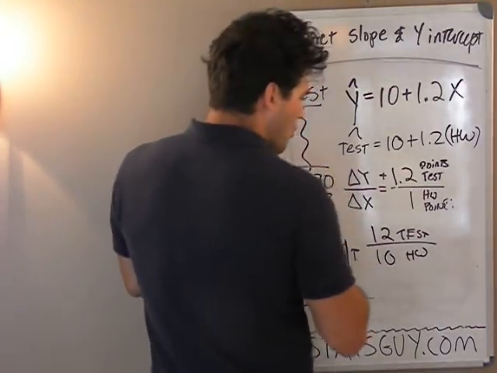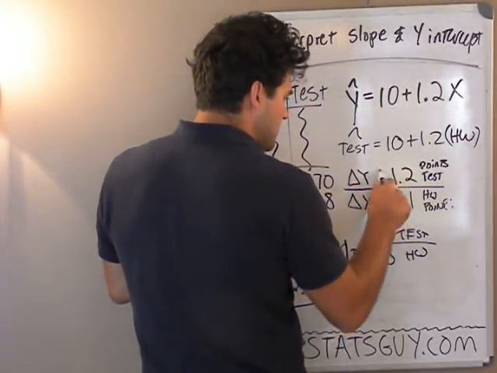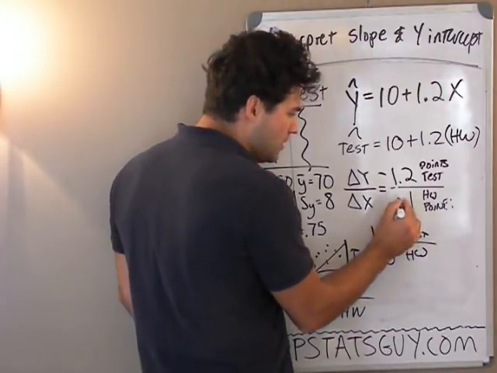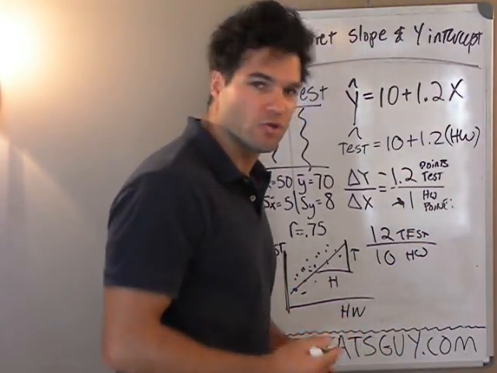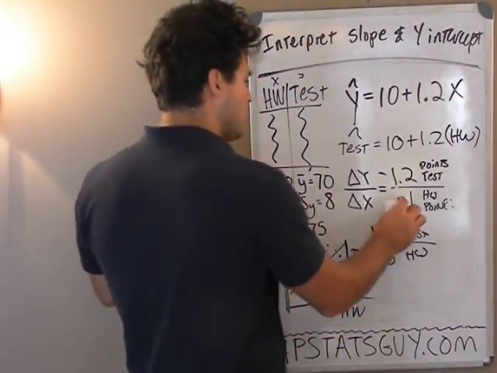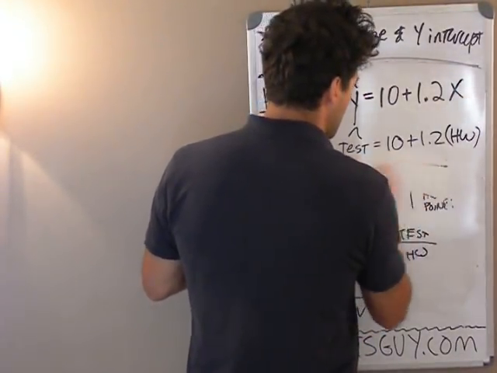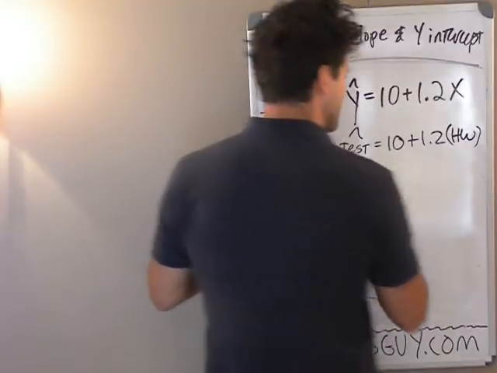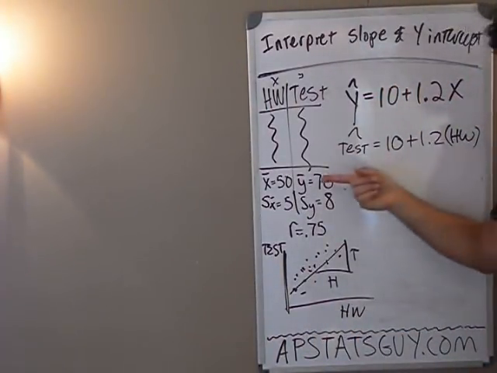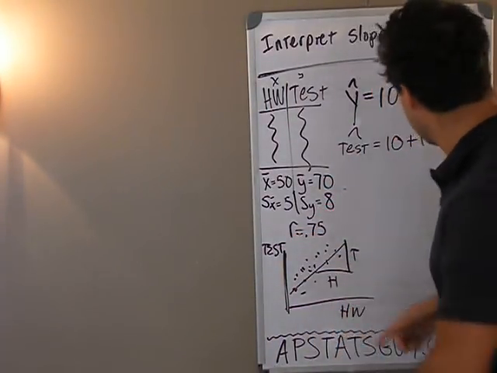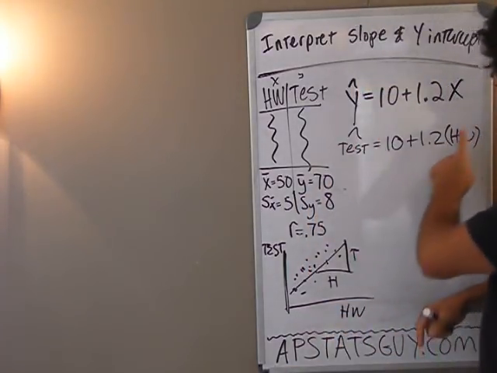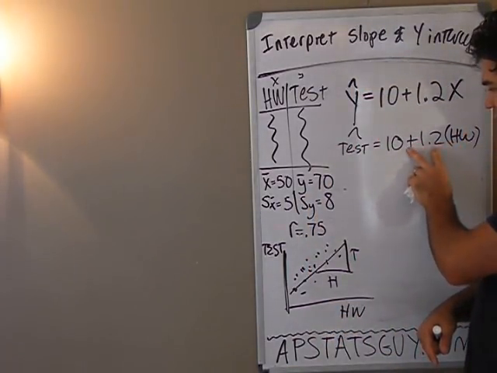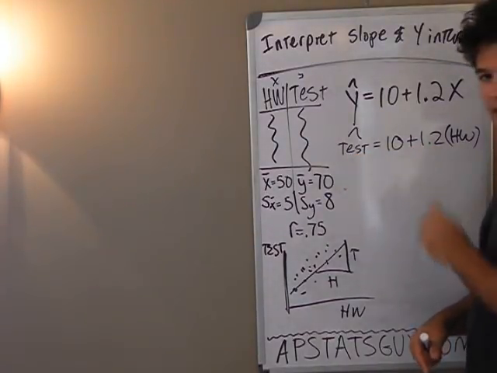Now, if it was negative, it would simply be for every 1 increase in homework point, my test average went down 1.2, but in this case, that's not true. So you can always read these things this way: for an increase of every one of these, there's this change in these, okay?